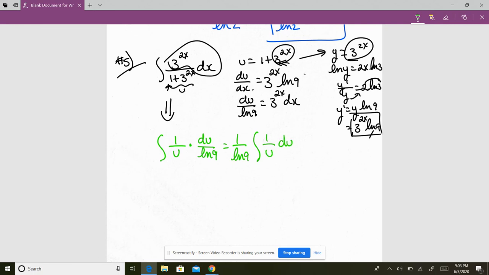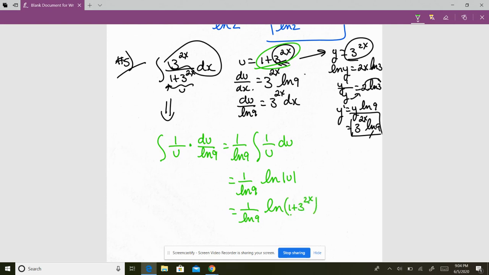Hopefully people are recognizing that the integral of 1 over u is the natural log of u. What was u? Boom, 1 plus 3 to the power of 2x. So this whole integral becomes 1 over the natural log of 9 times the natural log of 1 plus 3 to the power of 2x.